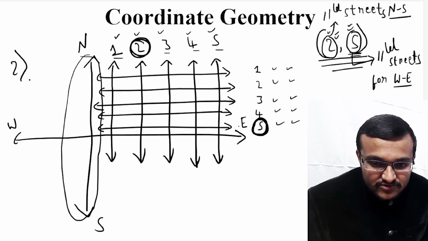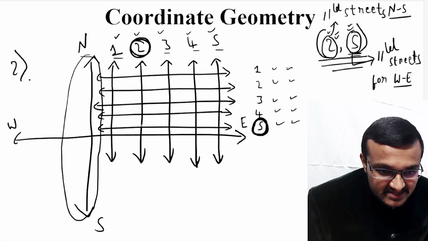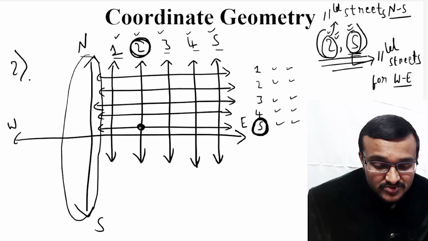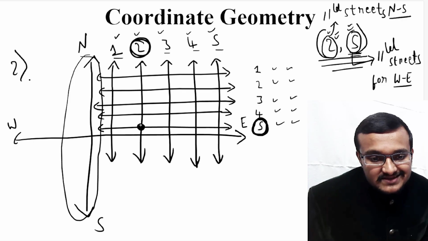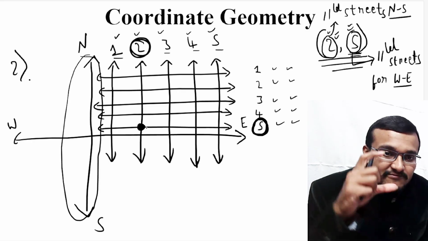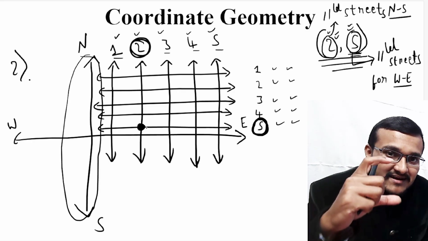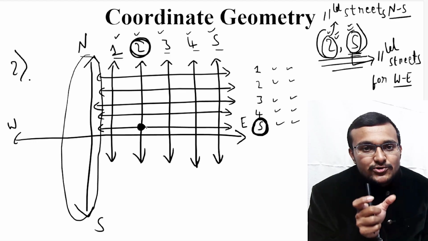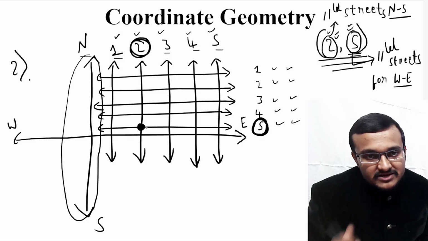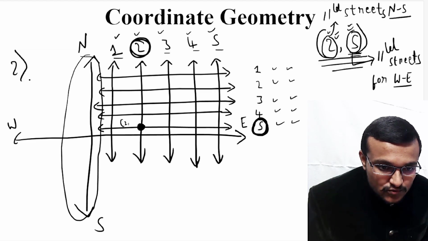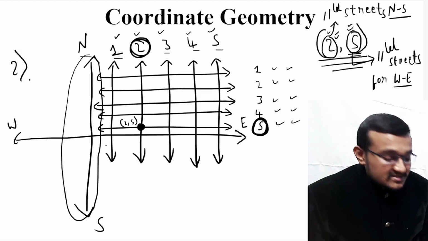So now you can see this particular point on this image is the intersection point for the second parallel road to north south and the fifth parallel road to west east main road. So now you have identified 2, 5.